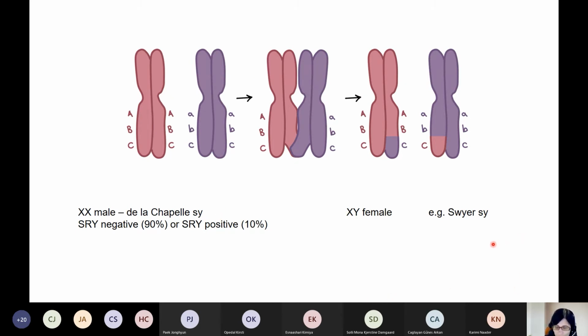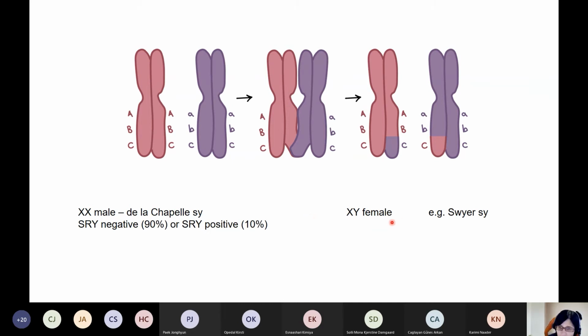The other version is there when during that crossing over, this Y gene will be translocated away from the Y chromosome. Therefore, we will get a Y chromosome on which we don't have SRY gene. And if we don't have SRY gene, it doesn't matter that the sex chromosomes are X and Y. Without SRY, no testis development will start.